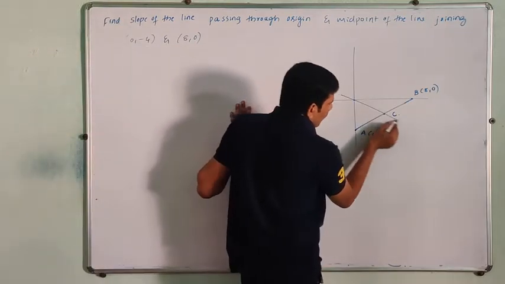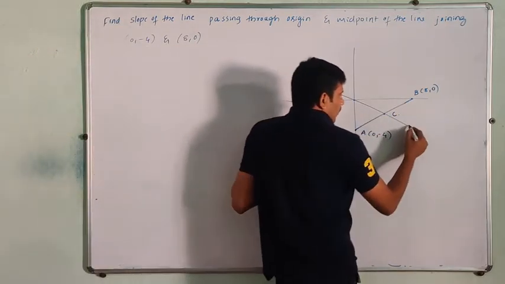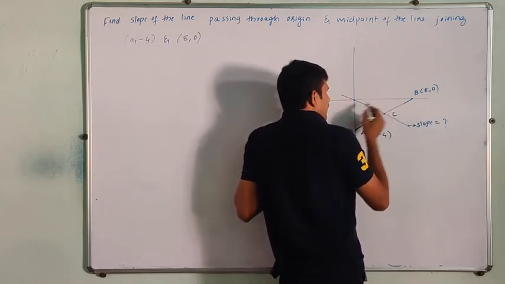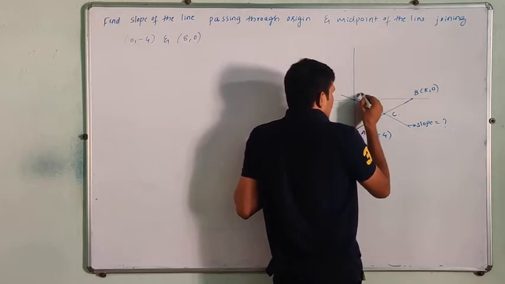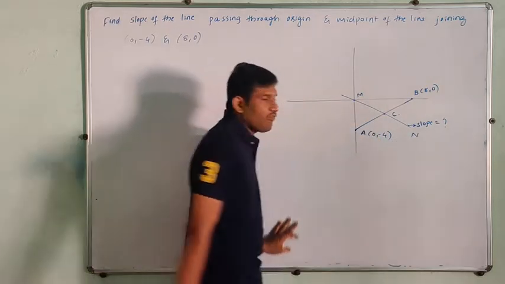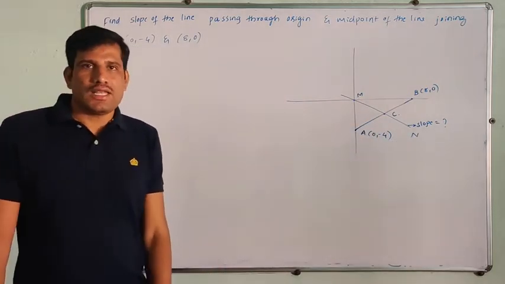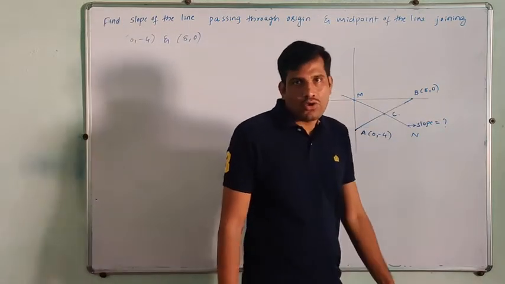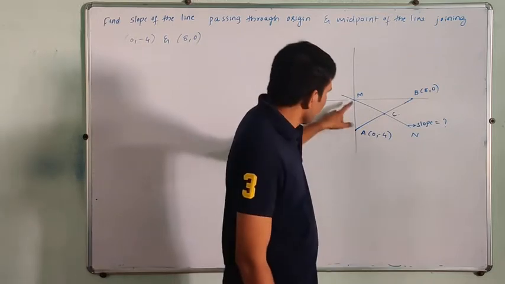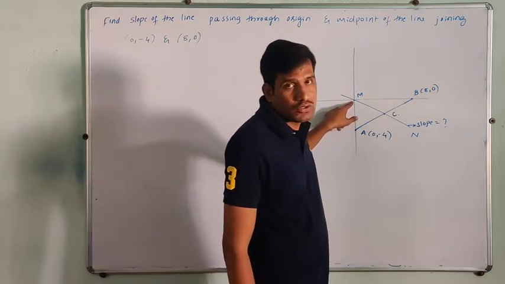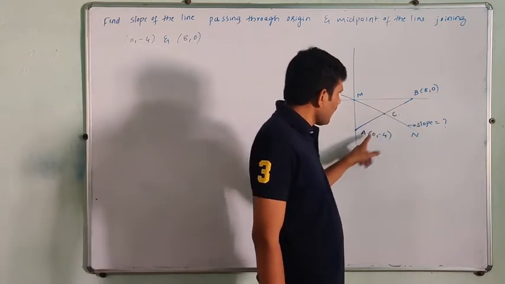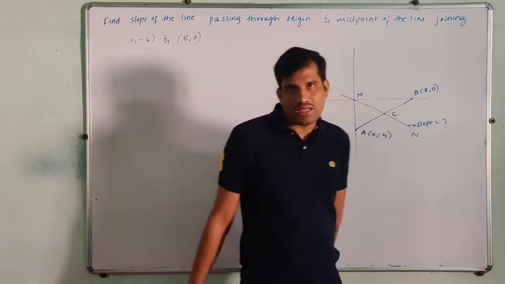Let us say this line is MN. Is it clear, friends? There is a line AB passing through 0, minus 4 and 8, 0. Now we are finding the slope of the line MN, which passes through M, the origin, and the midpoint of line AB.